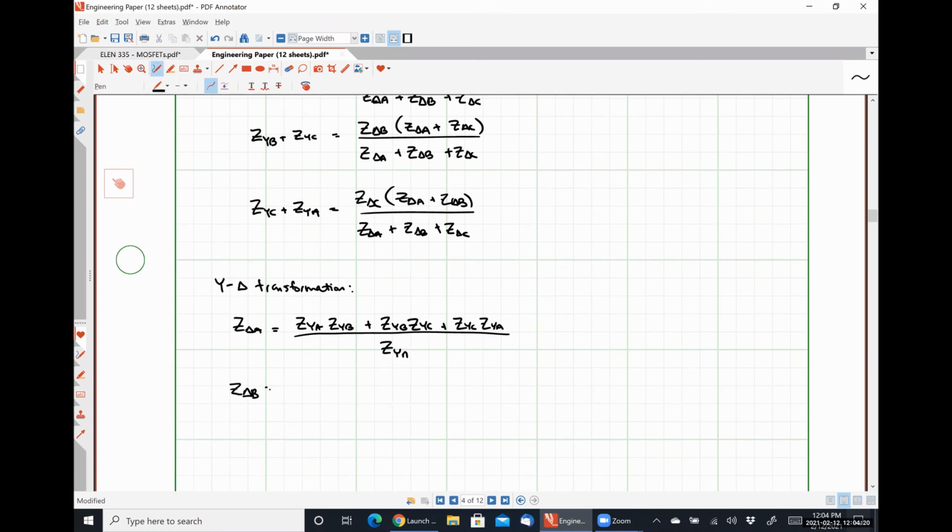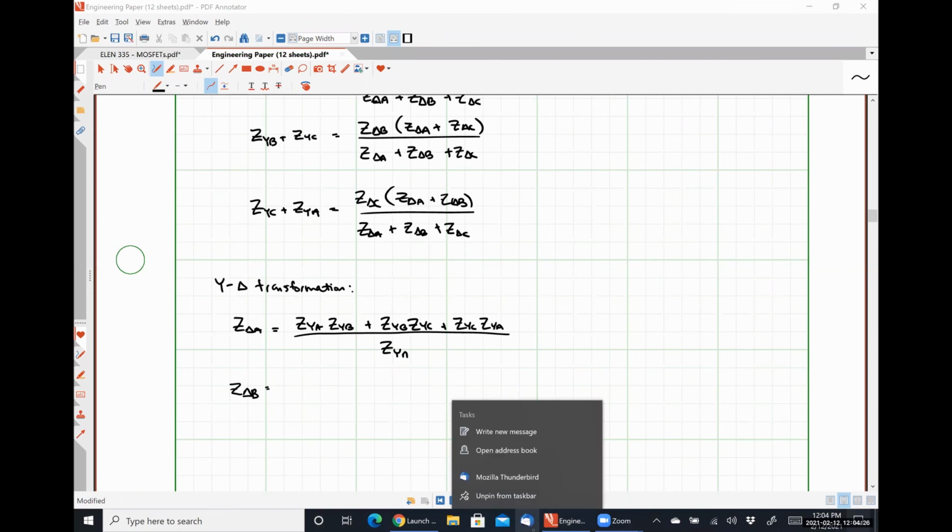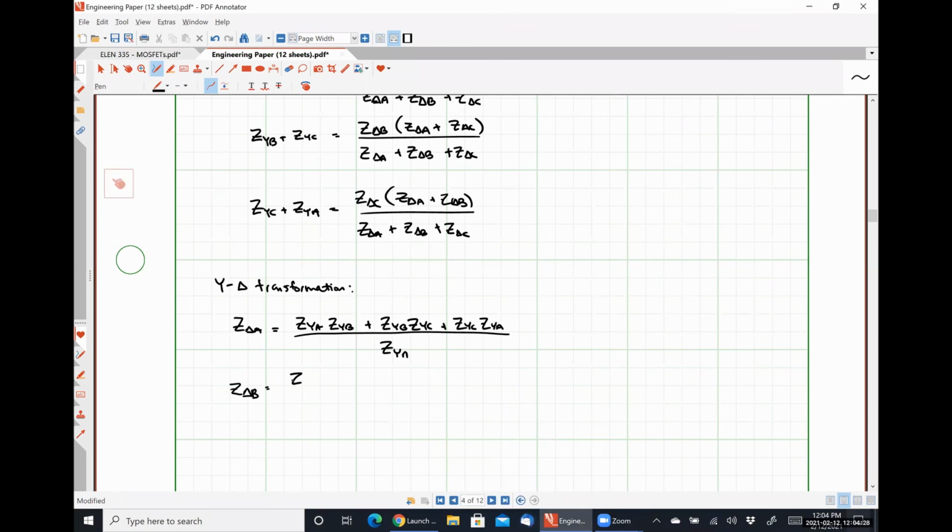Z delta B in terms of my Y impedances is ZYA, ZYB plus ZYB, ZYC plus ZYC, ZYA, all divided by ZYB.